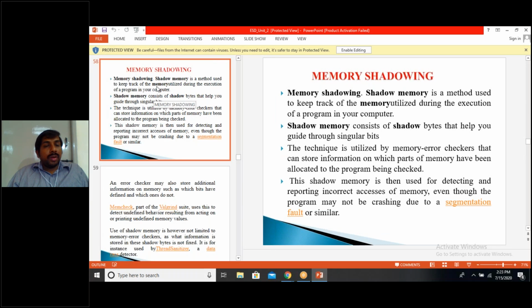Next is memory shadowing. In an embedded system, we have sensors, actuators, peripheral devices, and memory connected to your system core. The system core is the hardware. The hardware can be general purpose, ASICs, PLD, or commercial off-the-shelf components. Coming to memory, there is a code memory called program memory, and there is a data memory.